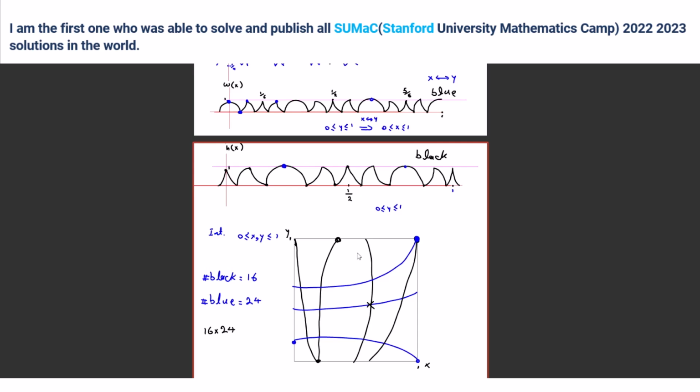In the W of X graph, the two kind of round parts on the graph are opposite each other from 0 to 1. So when you rotate it, they're also facing different ways.